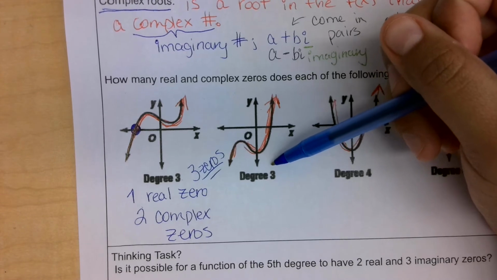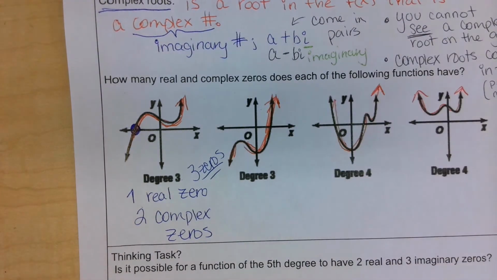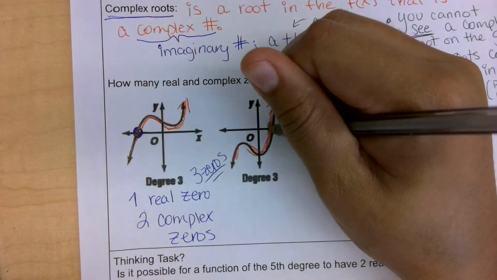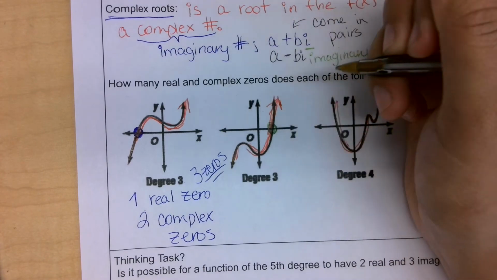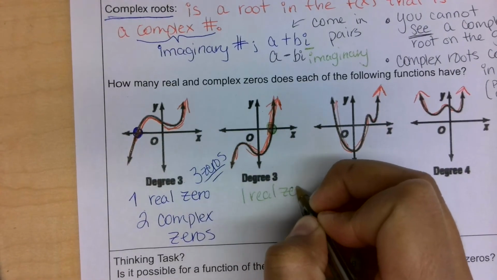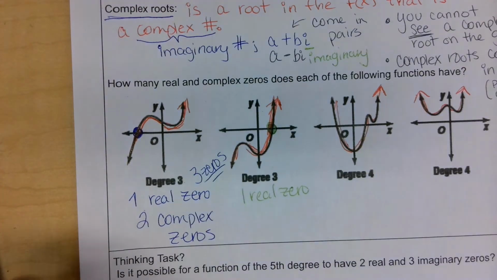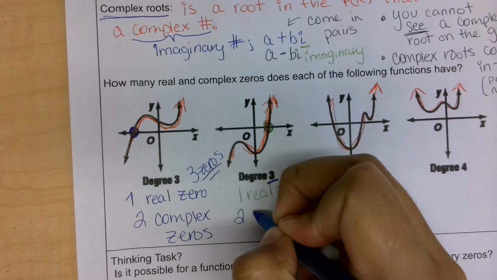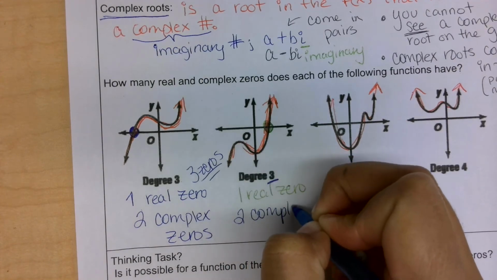All right, so let's go ahead and try this one. How many reals does this one have? So again, let's look at my graph. Where does it cross the x-axis? It crosses the x-axis right there, and it only crosses once, so it has one real zero. And it's a degree 3, so that means it's supposed to have 3 zeros. That implies that we have 2 complex.